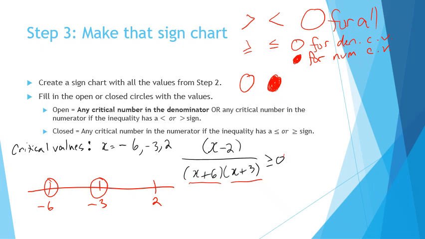So because it has that equal to part, and 2 comes from the numerator, we are going to mark this with a closed circle. So this is how our sign chart should look right now.